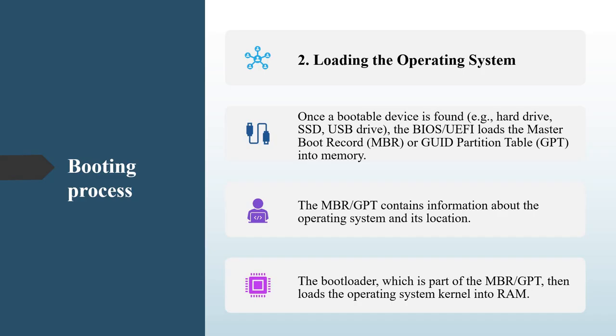In it, the program is written with the location of the OS and the order of execution, which is called the bootstrap loader. Once the bootstrap loader is found, it loads the operating system kernel.